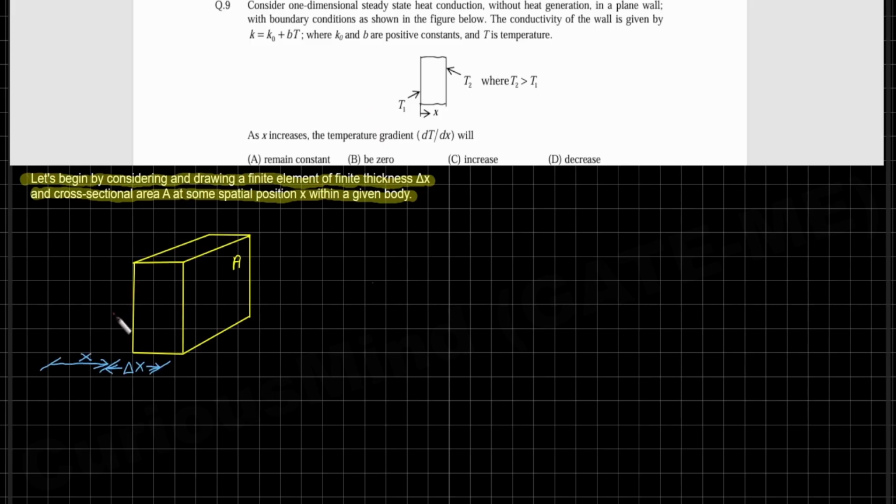So we have a finite element of finite thickness delta x at a spatial position x. The cross section of the finite element is A.